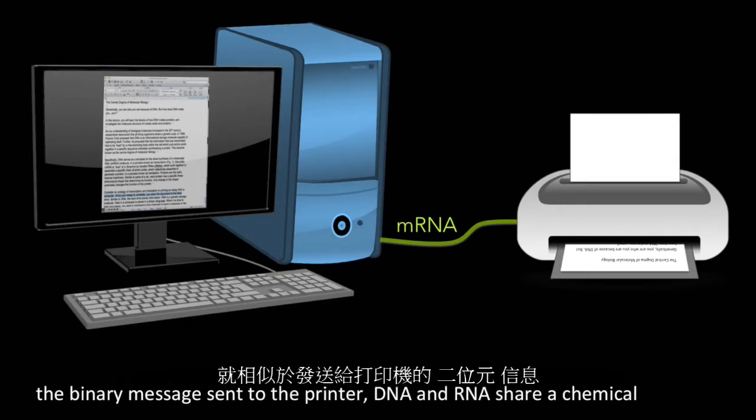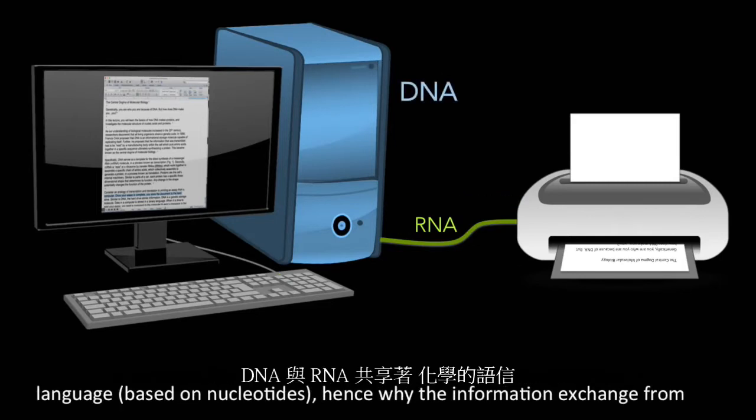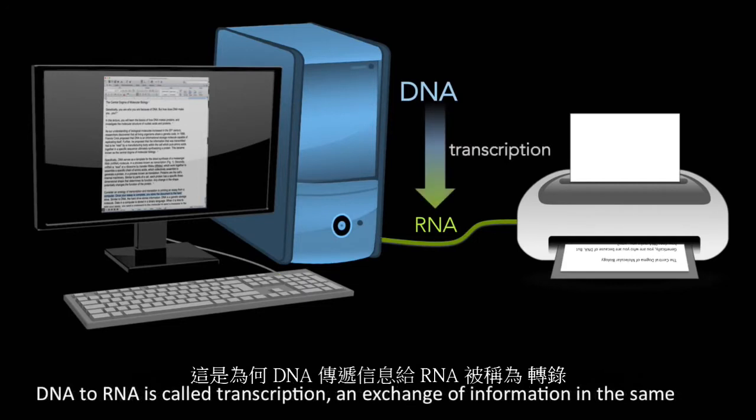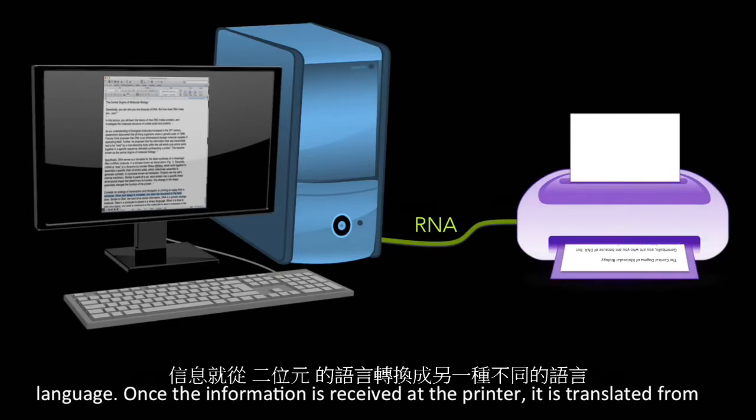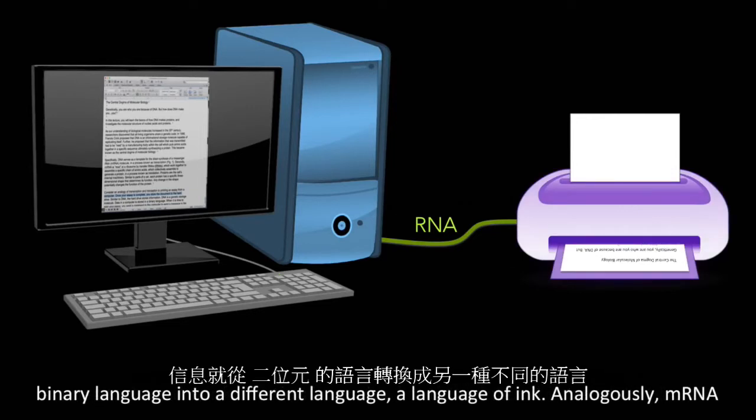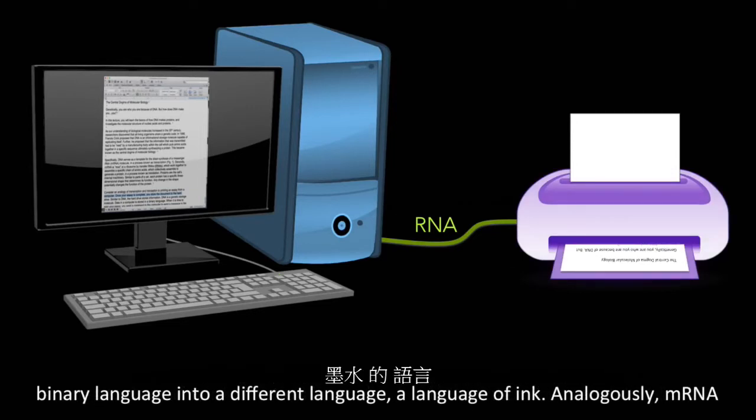Similar to the binary message sent to the printer, DNA and RNA share a chemical language based on nucleotides, hence why the information exchange from DNA to RNA is called transcription, an exchange of information in the same language. Once the information is received at the printer, it is translated from a binary language into a different language, a language of ink.